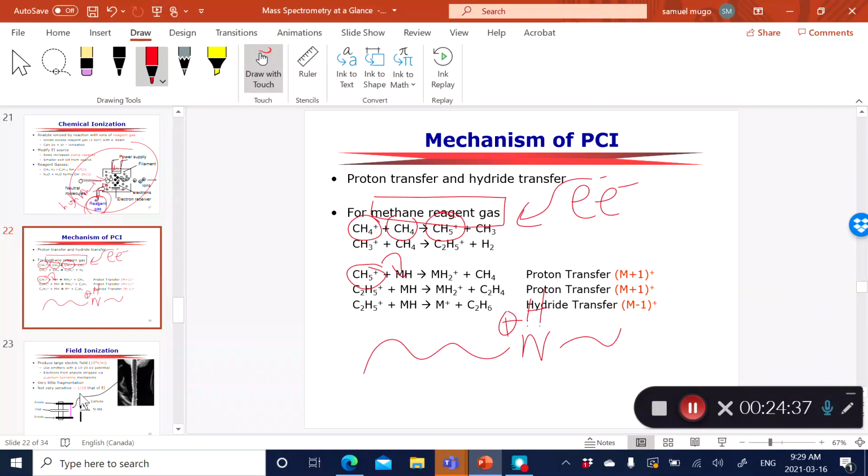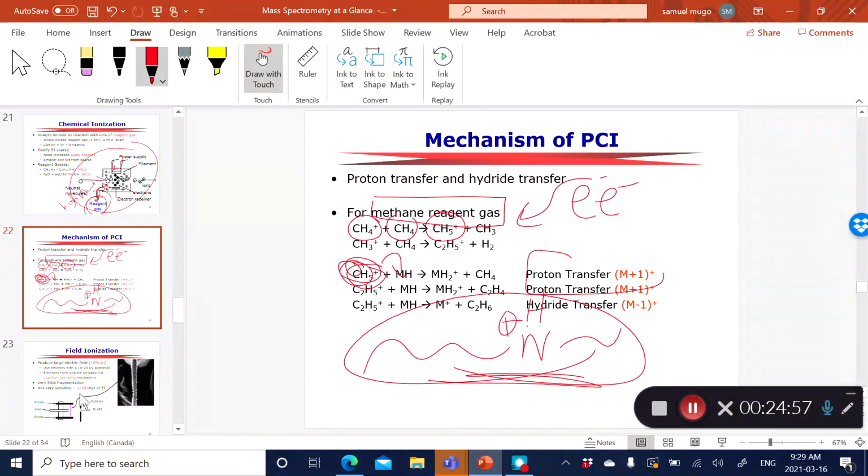So depending on the nature of the analyte, you can protonate it. Protonation happens where you transfer the proton from the reagent gas to the molecule, and now you've got a molecule that is already ionized. So other than proton transfer, you can also get what you refer to as hydride transfer.